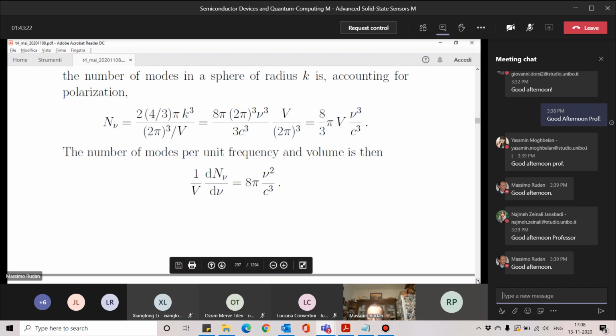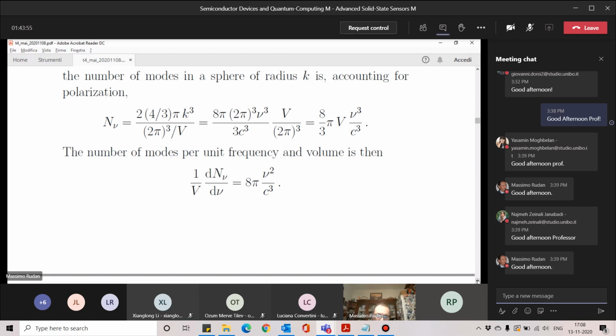People of 1800, of course, were able to do such a calculation. They already had developed thermodynamics, and they knew that the distribution of energies of a system in equilibrium follows a distribution law that is the so-called Maxwell-Boltzmann distribution.